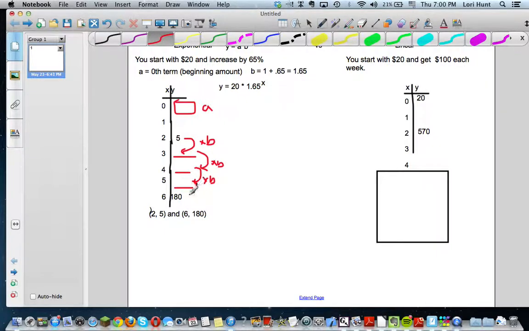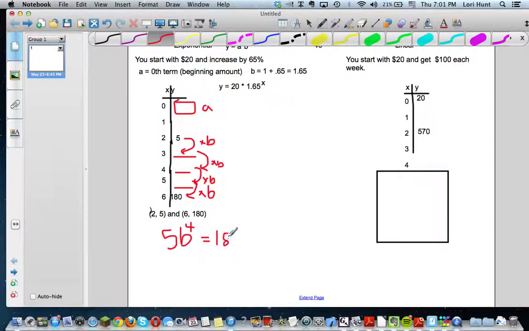And then whatever that is times something would give me 180. I usually like to write a little equation to represent this. So 5 times b times b times b times b, another way to write that is b to the 4th, is going to equal 180.